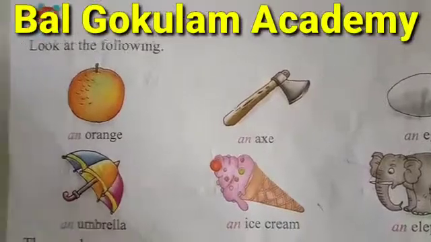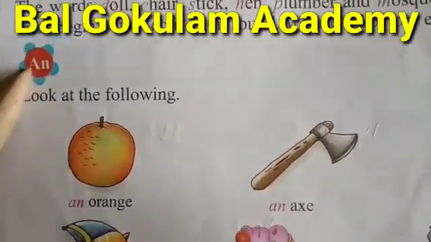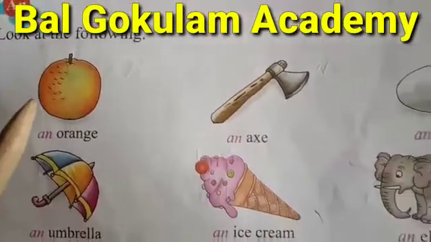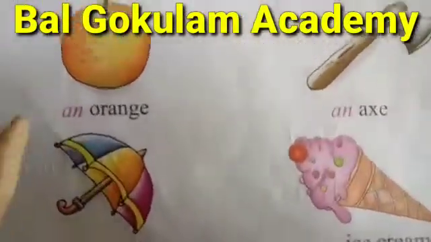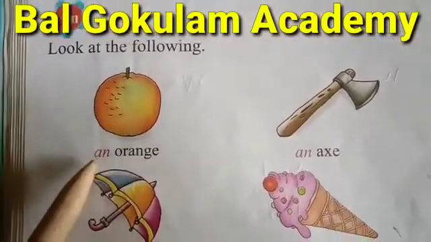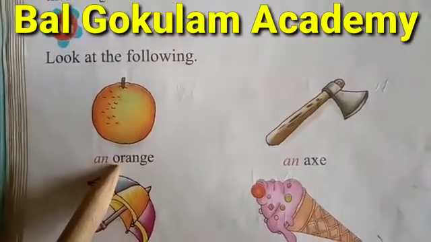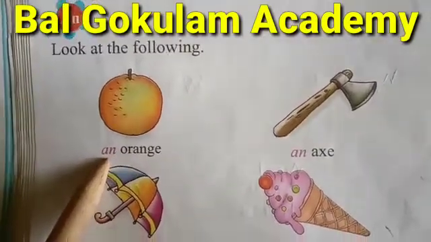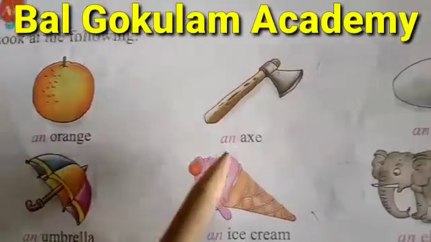Then our second article is an. So students, here also some pictures are given. First picture is orange. Orange, the sound begins with a vowel. So we put here an orange.